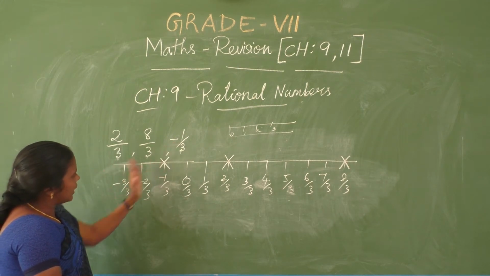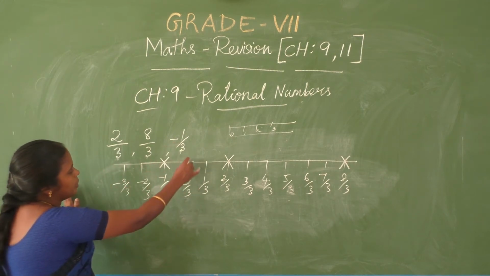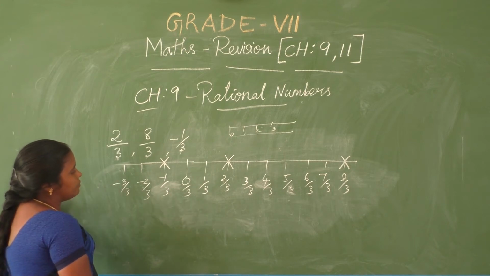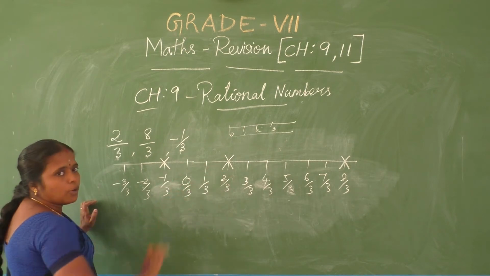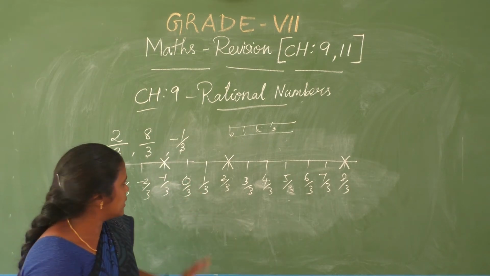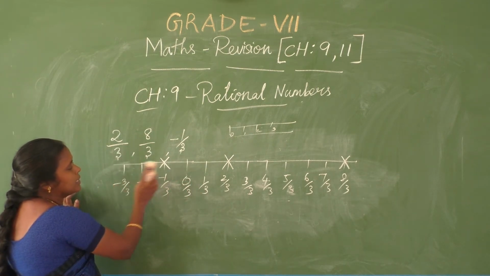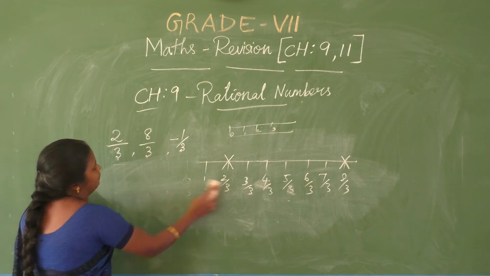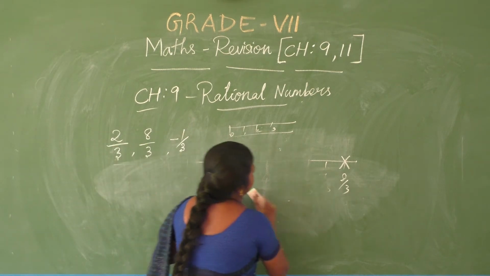Negative means negative side. The left side, 0 is fixed. Left of 0 negative, right of 0 positive. That is to be marked properly. Carefully you have to mark that. That's all. This is the way of representing rational numbers on the number line.